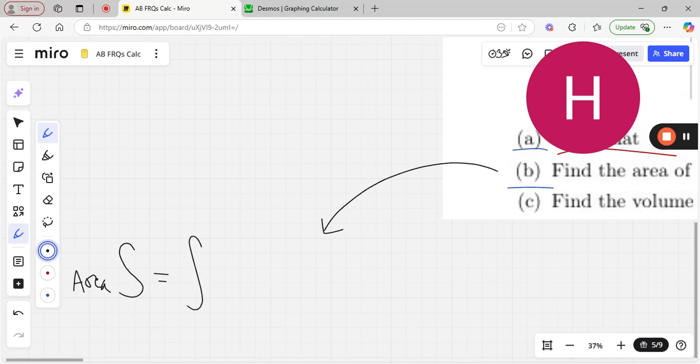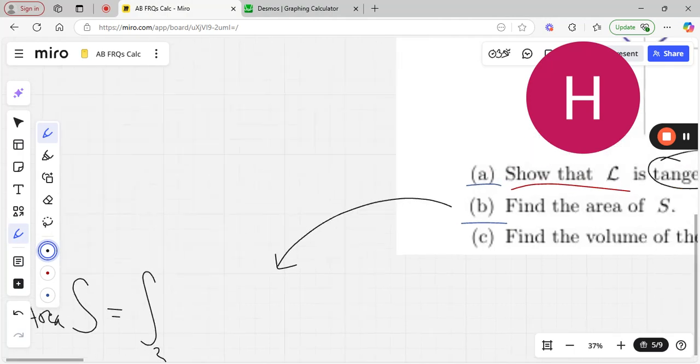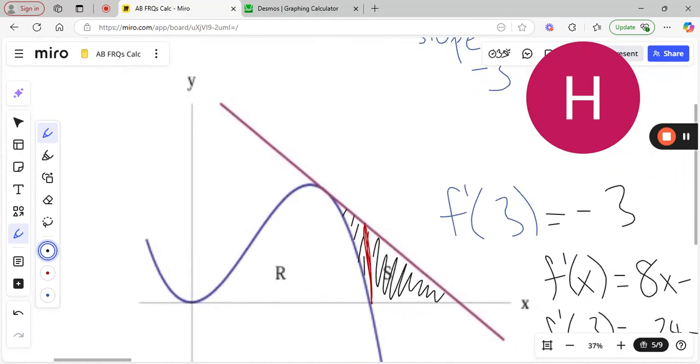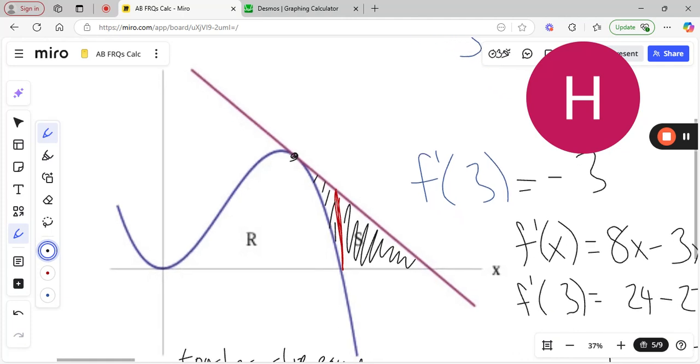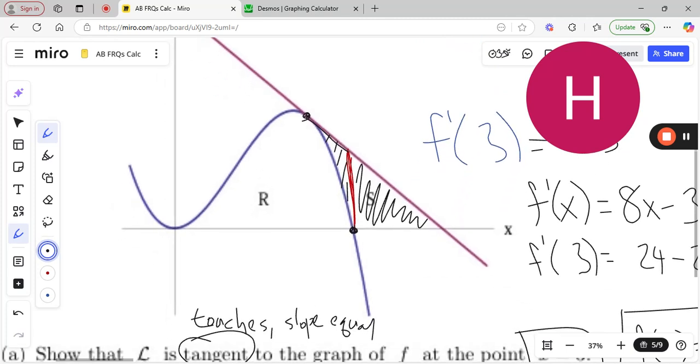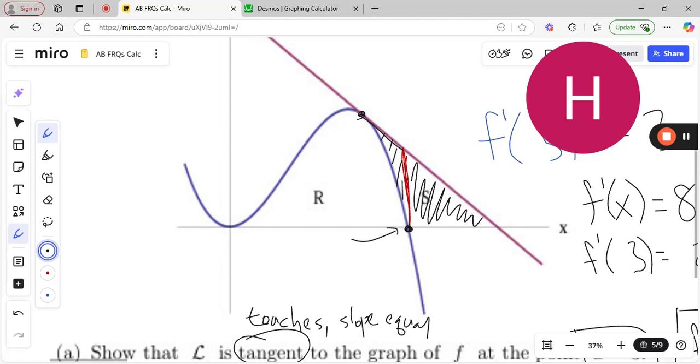This is going to be the integral from that point 3, x equals 3, that's this spot here, from that point all the way to wherever this is. So we need to find out where that is. We can find out where that is by saying 4x squared minus x cubed equals 0.